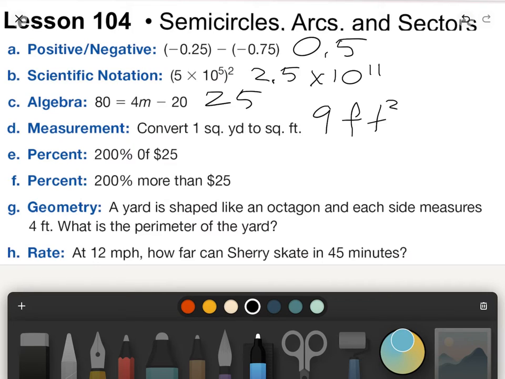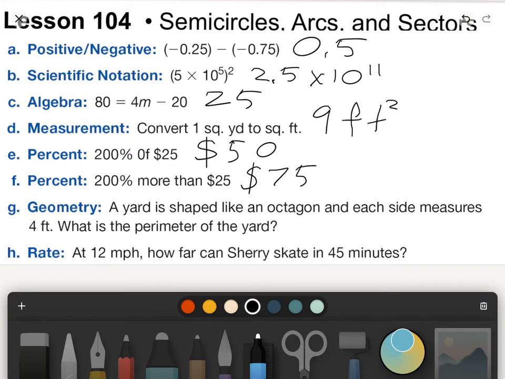We're getting squifty. All right, and so 200%, just times 2, $50, and then to say 200% more than 25 is to say 50 plus 25 is $75.